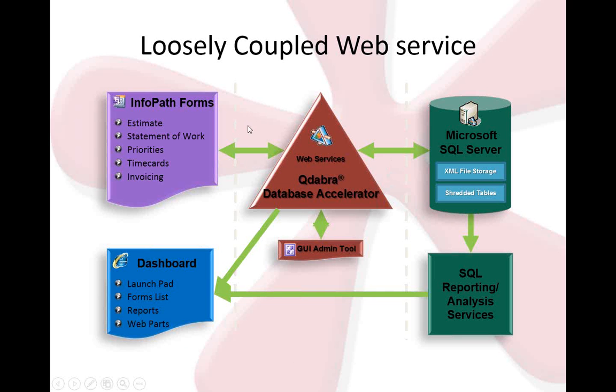This is a diagram that shows you this web service in the middle, one web service for all of your forms. And it's storing the data in a database. And the key thing here is that we're actually storing the XML data. And that allows us to create a loosely coupled data connection. If the data changes, the web service can just change the mapping using our admin tool, and the mapping will then specify extracting.